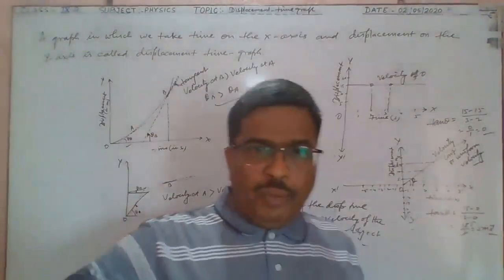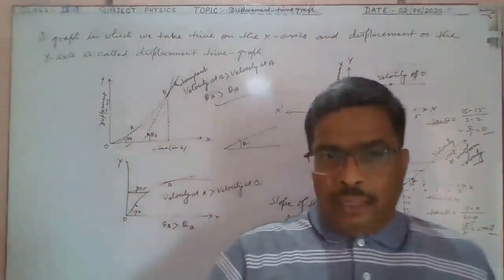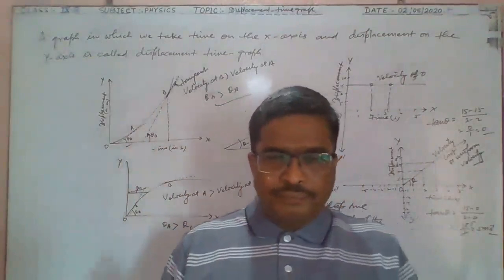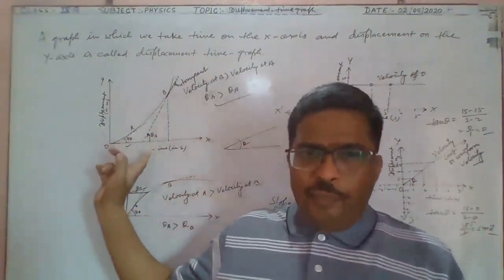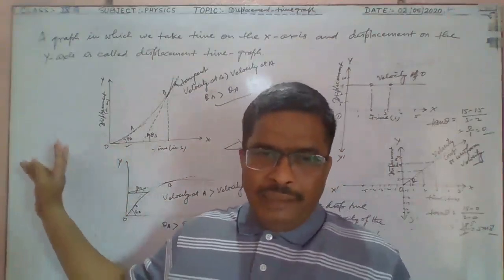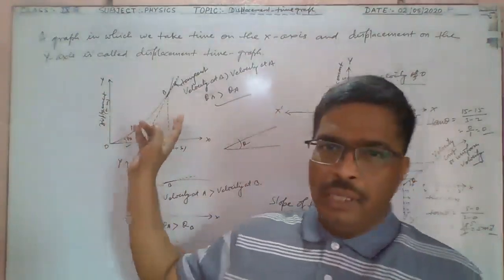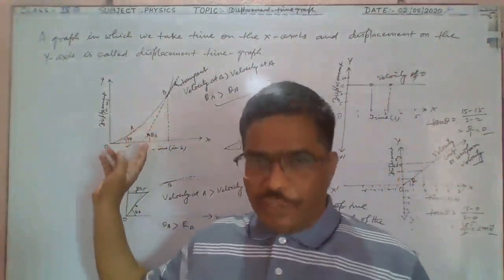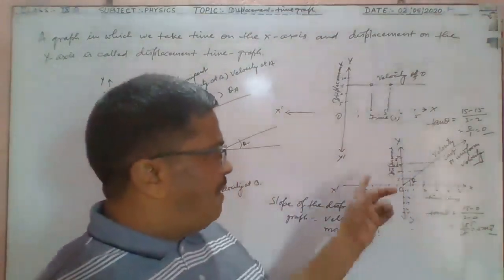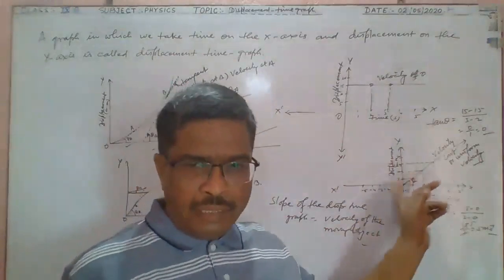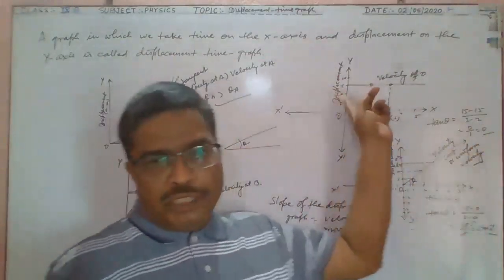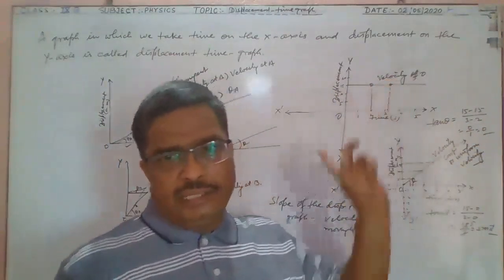In such a way, you are able to find the velocity of a moving body at any point on the graph, right? And this graph gives the information about increasing velocity, that graph gives decreasing velocity, that graph gives uniform or constant velocity, and that one is when the body is at rest.